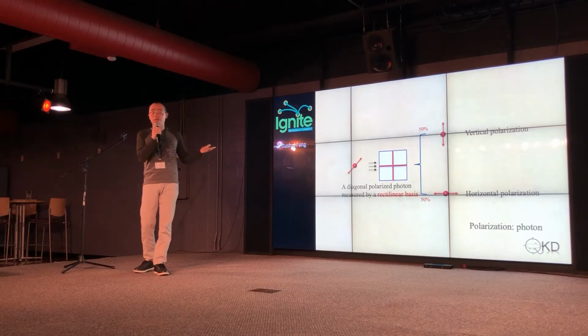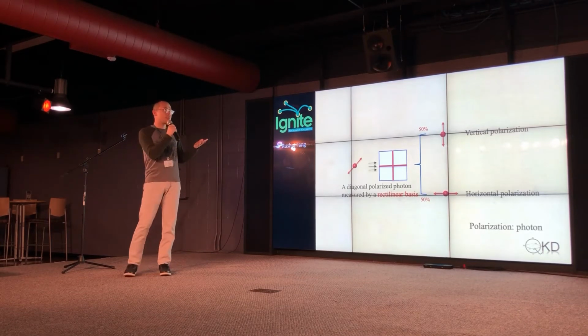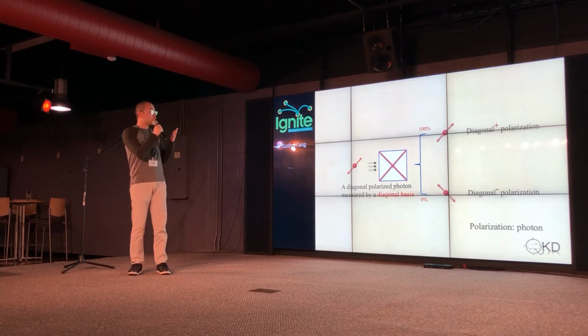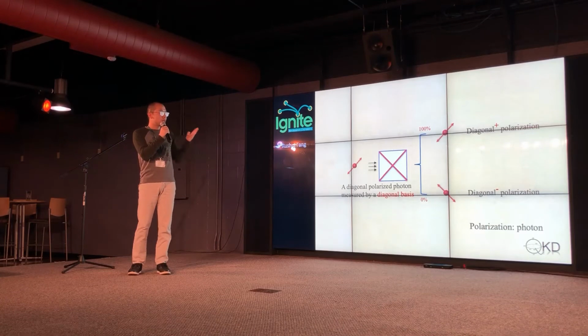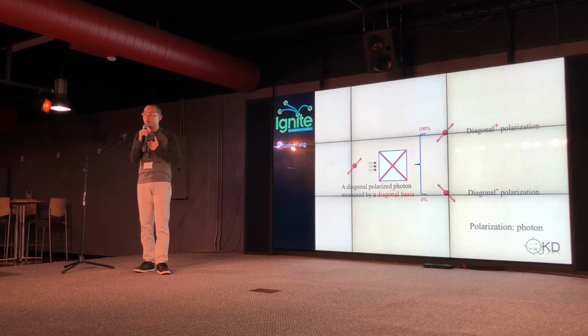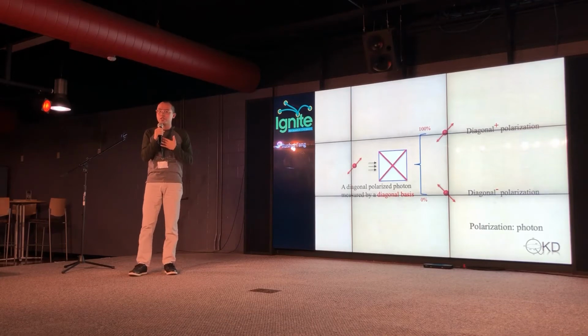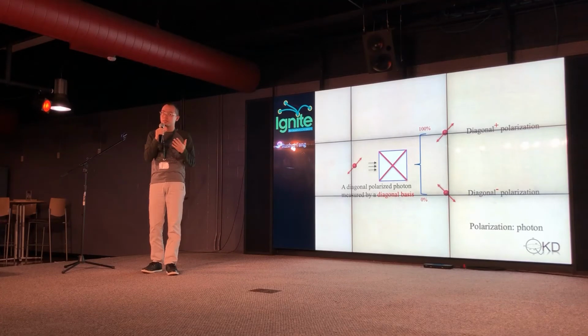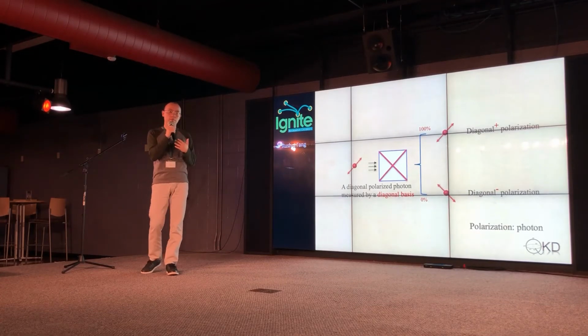So this photon here has a 50% chance to come out as vertical polarization or horizontal polarization. But if we change to the right basis, this photon will for sure come out as a diagonal polarization. Otherwise, measurement changes the photon's original polarization. But we don't know what the right basis is before we measure a random photon.